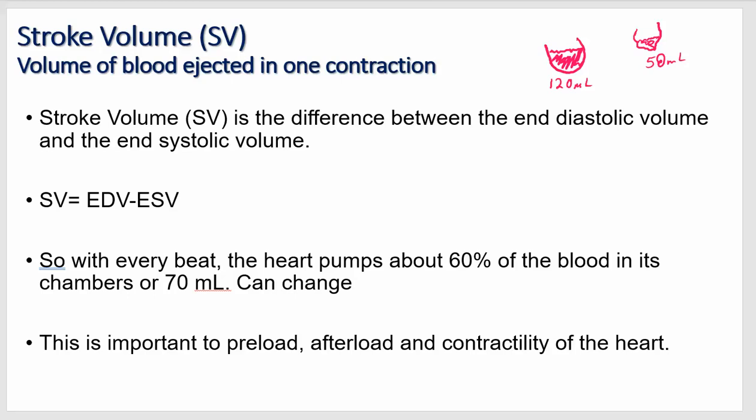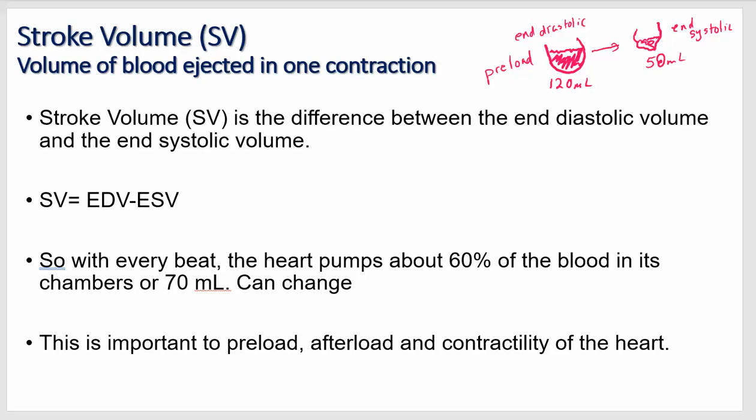So this is our end diastolic. It's relaxed. It says, put however much blood you need in there. We also call that preload. And then it squeezes, contraction. So this is end systolic. It's done contracting, and it still has some blood left in it.